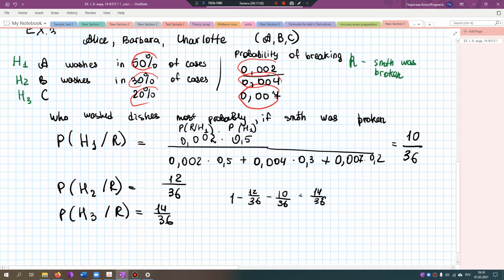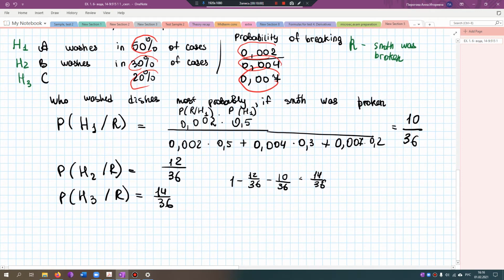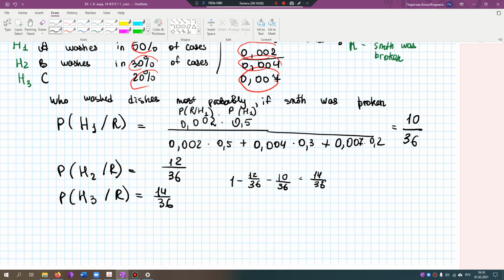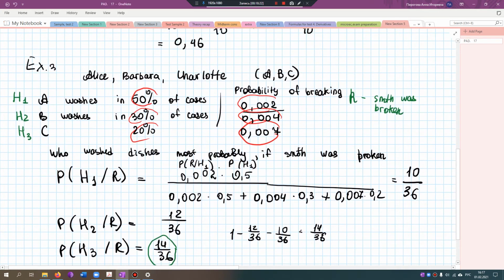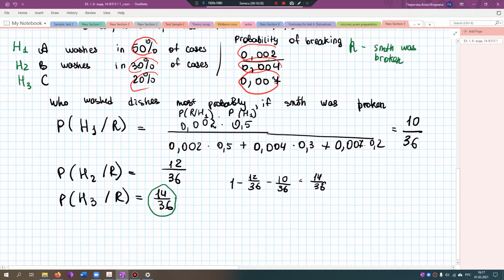It is not very important here. To answer the question, we need to find the largest probability, and the largest probability here is this one, 14 divided by 36, and it was Charlotte who washed dishes most probably if something was broken.